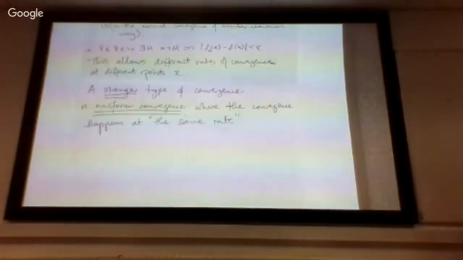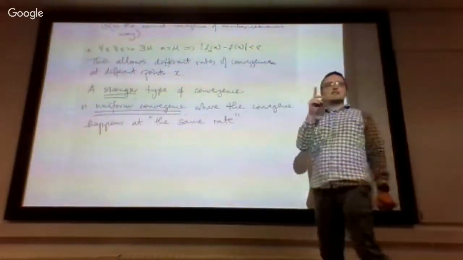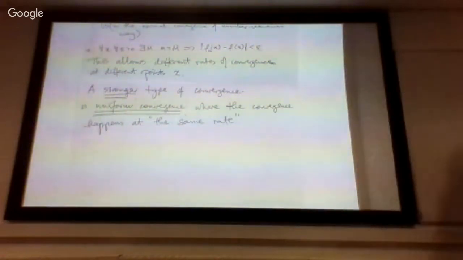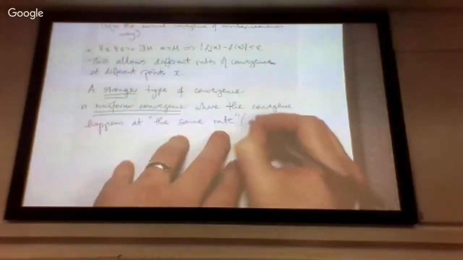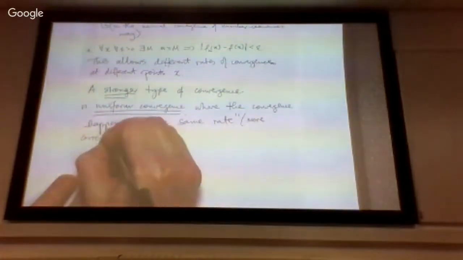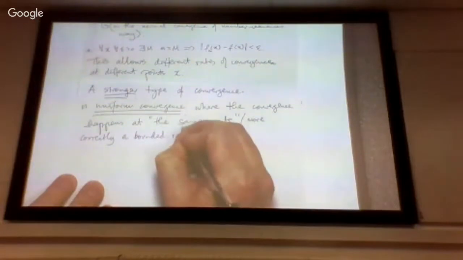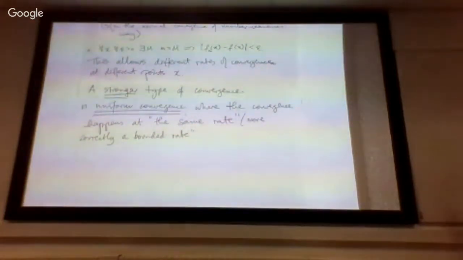So it's possible to declare a single rate of convergence that all the individuals, students here, or points x in the domain, honor or respect in all the cases. Okay? So where the convergence happens at the same rate, or more correctly, a bounded rate. Some points might still go there quite fast, but there's nobody left behind.